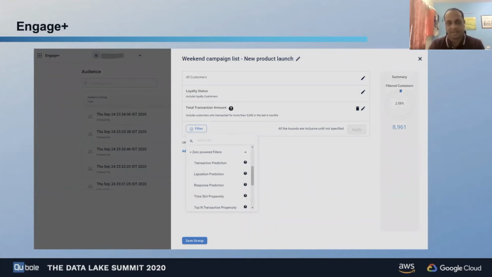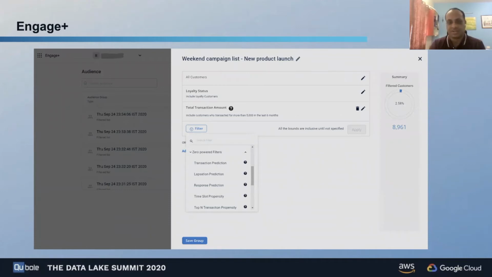Here, for example, they're trying to run a campaign in which they would want to include the loyalty customers, filtered by, say, customers who purchased more than 5,000 in the last 6 months, and probably they would want to put down some AI-powered filters, which could be, say, a transaction prediction.